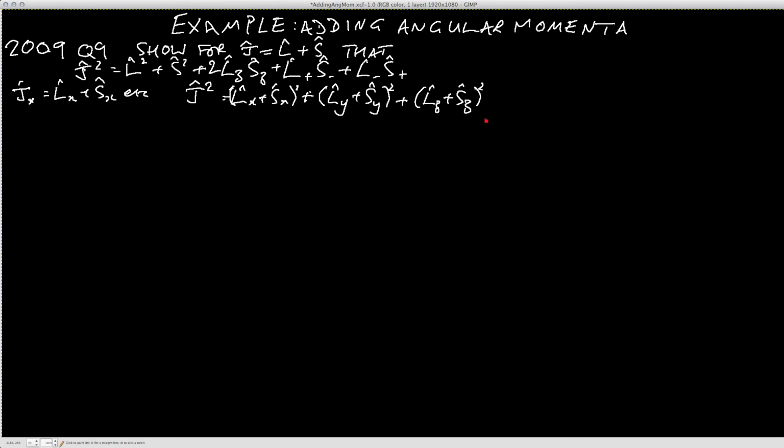Now you can multiply those out, and what you find is that you end up with L squared plus S squared. Those terms come from the squared parts of the individual bits.